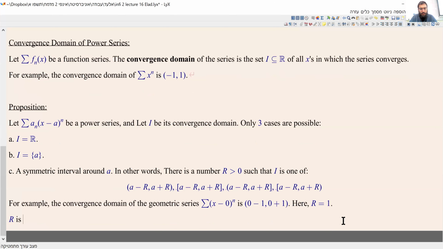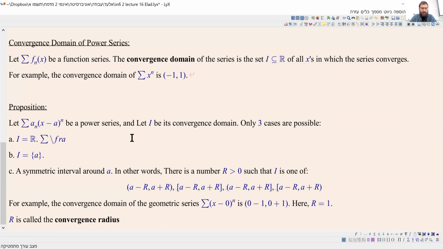Right. So for the first two cases, a is for the sequence a_n having an infinite amount of zeros, right? Not necessarily. For example, you can look at the series, we will encounter it later on, the sum of 1 over n factorial times x to the power of n.